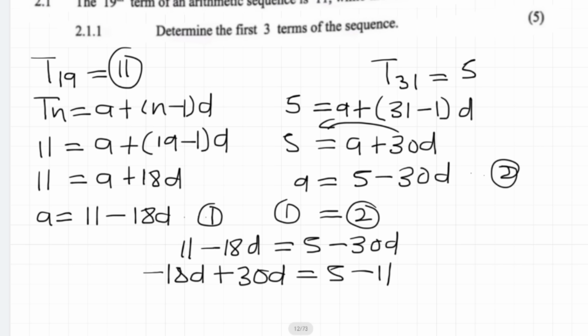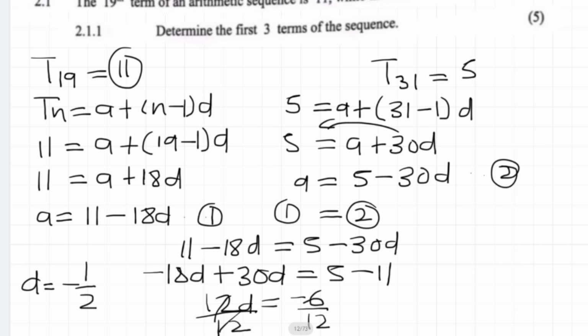So negative 18d plus 30d gives 12d, which is equal to 5 minus 11, which is negative 6. We divide both sides by 12, and d is equal to negative 1 over 2.